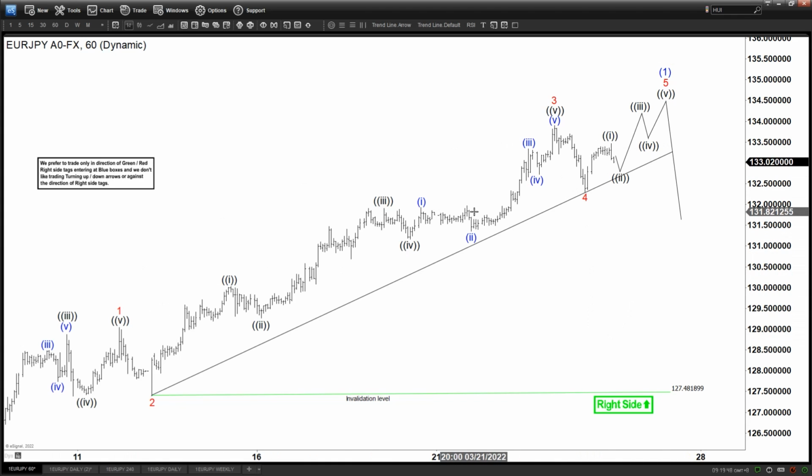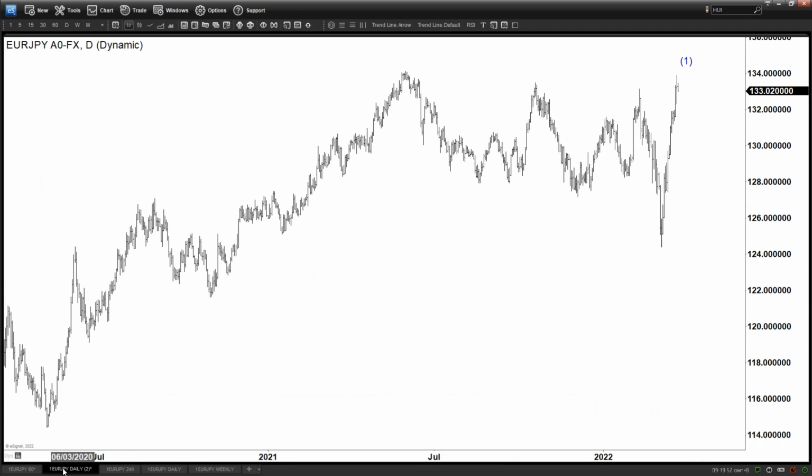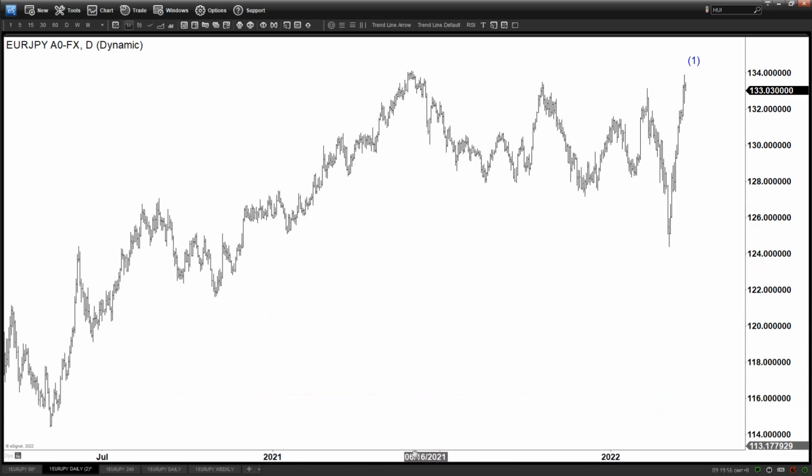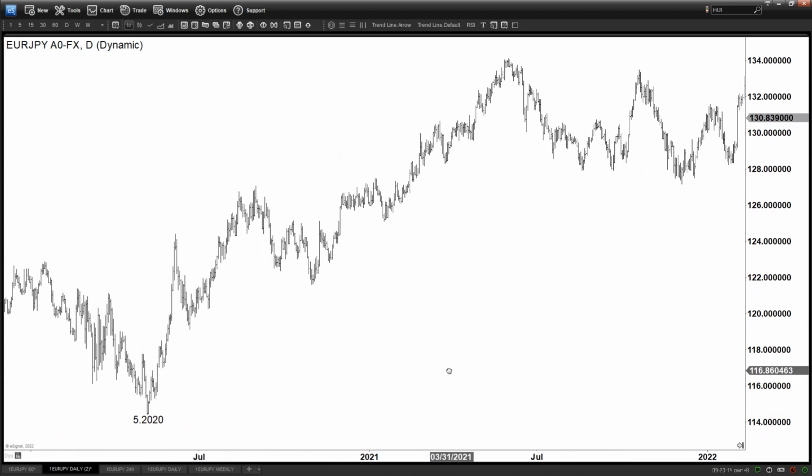Now, zooming out a little bit from the Euro Yen, looking at the daily time frame, you can see a very interesting structure here. We have this May 2020, which is the low in every single risk asset. During the COVID-19 crash, that's when you got this crash right here, in the indices as well.